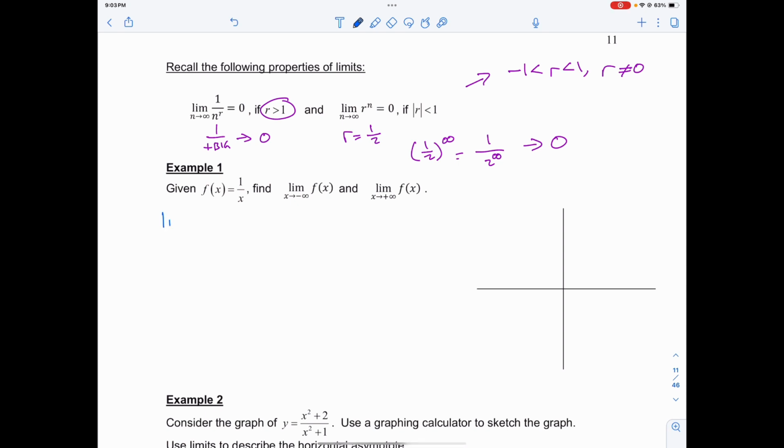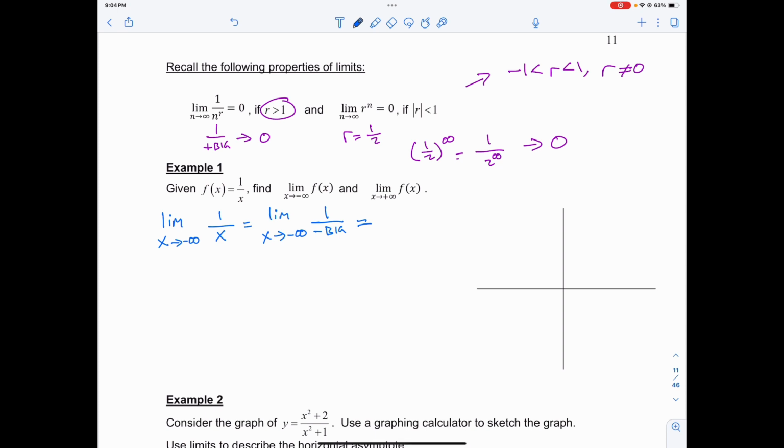If we take the limit as x approaches negative infinity for 1 over x, then that means that I'm going to be taking the limit for 1 over a very big negative number.